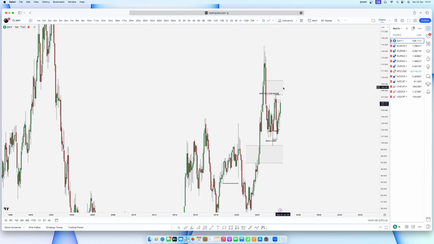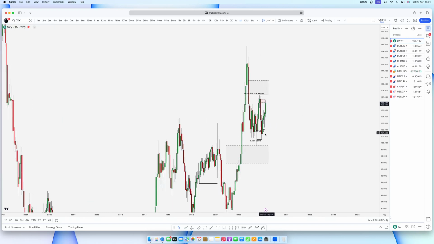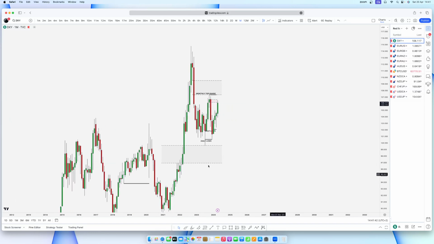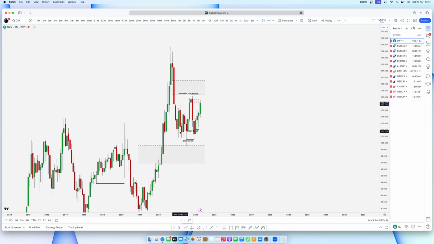That means if the dollar is still very strong and continues to be strong, then we can see the dollar index come into this imbalance we have in this area, as it's been really going to the upside. Based on present market structure, we do have this low, then this lower high, and then this lower low.